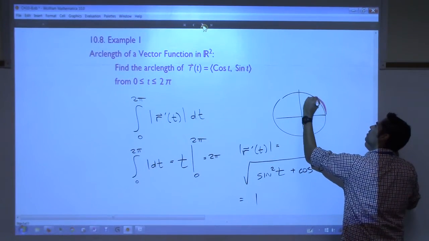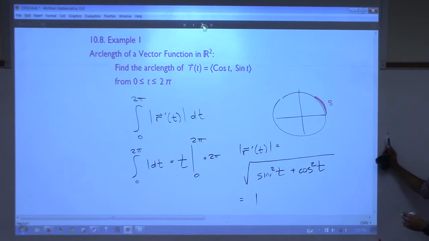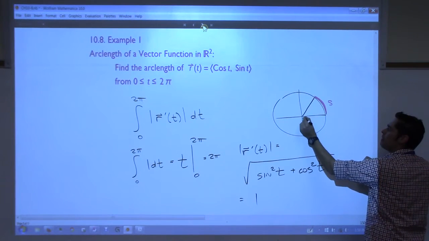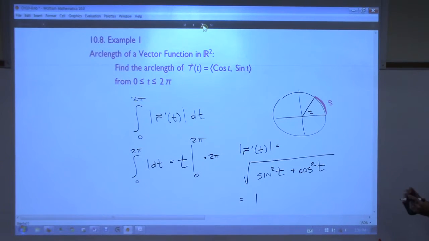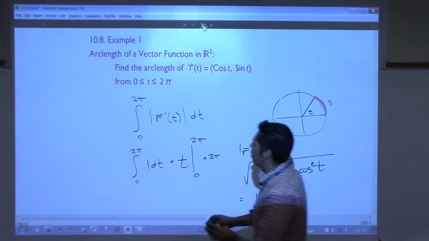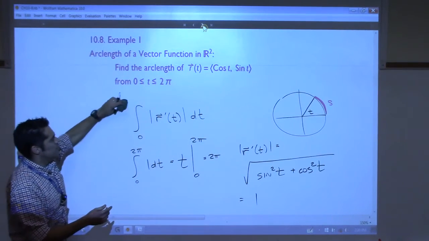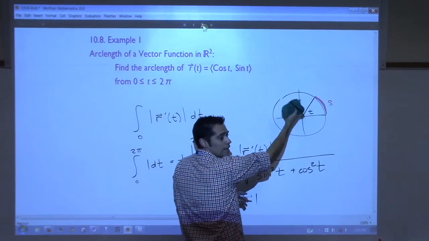Let's call this S. And let's call this angle in here T, kind of like for theta. Then how would this integral change? The bounds would go from 0 to where? Well, I don't know what that angle is, right? But what am I calling it?